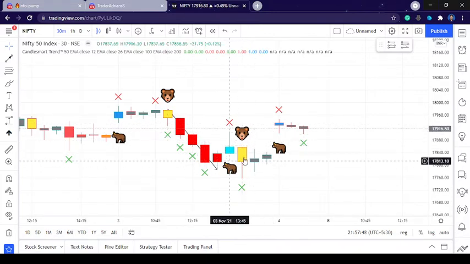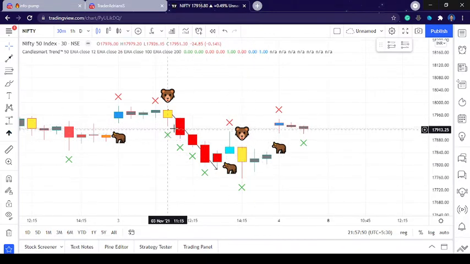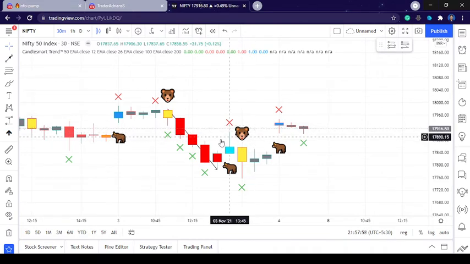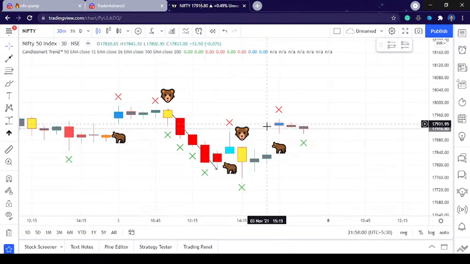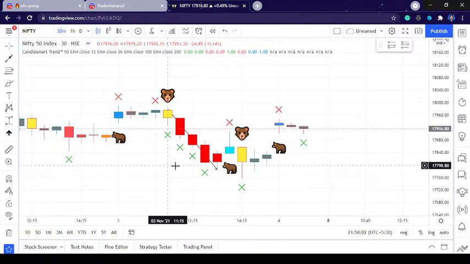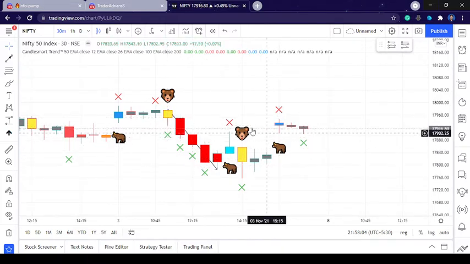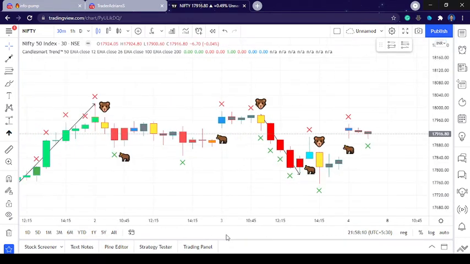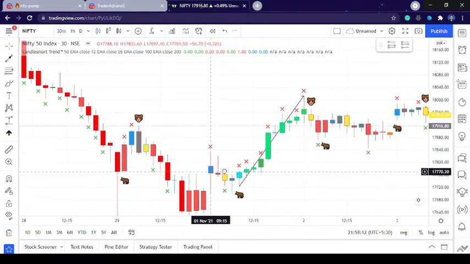See here it is not in a proper trend, but it filled all these orders. These orders all got filled by these candles, but in our gap filling we are only seeing the recent one. But if you observe here, these are all filled. These 3 or 4 buying order blocks got filled in this area. That is the beauty of this, and it will be very useful in day trading.